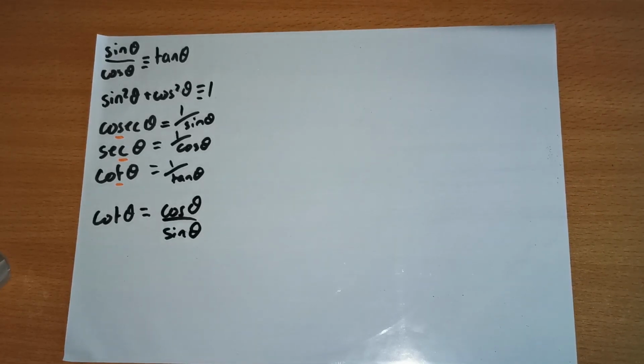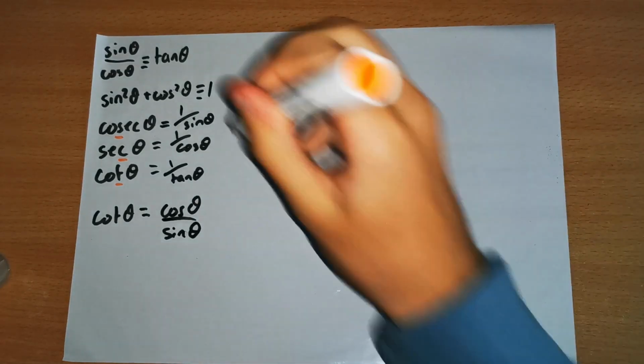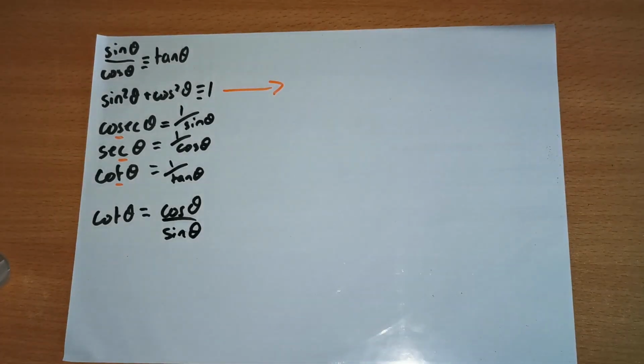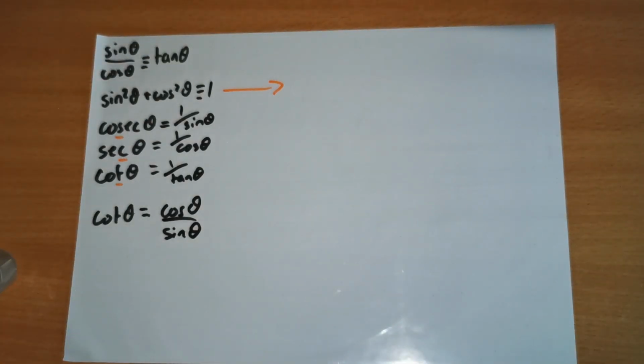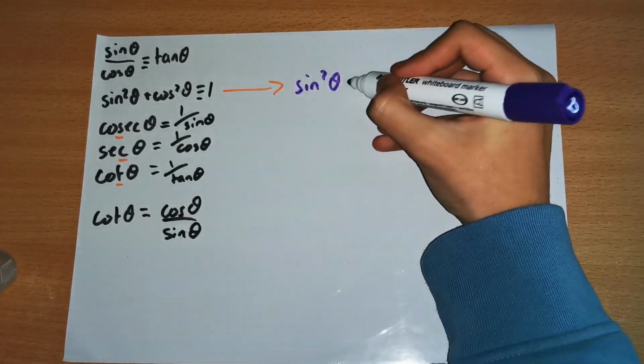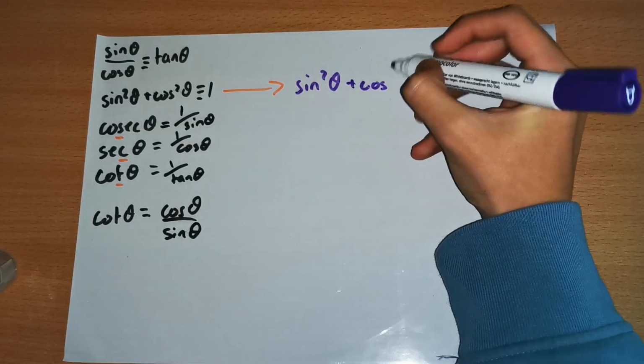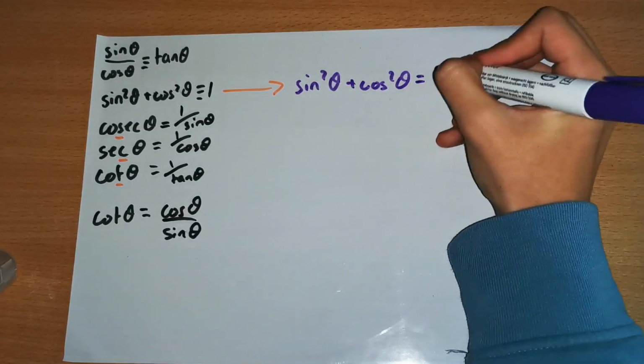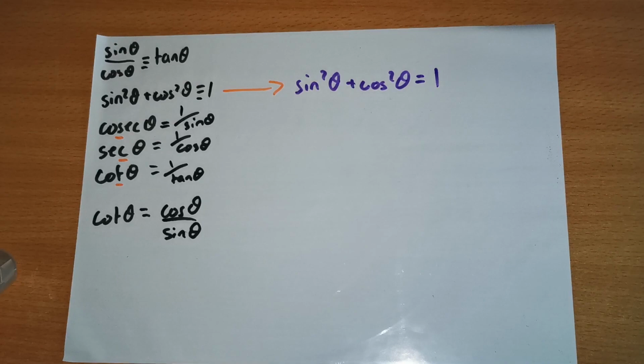Yep, another one. So, more identities that you need to learn. We have this formula here. What we're going to do is take this and divide it all by sine squared and then divide it all by cos squared. I do this on exam papers all the time just to make sure I get the right answer.